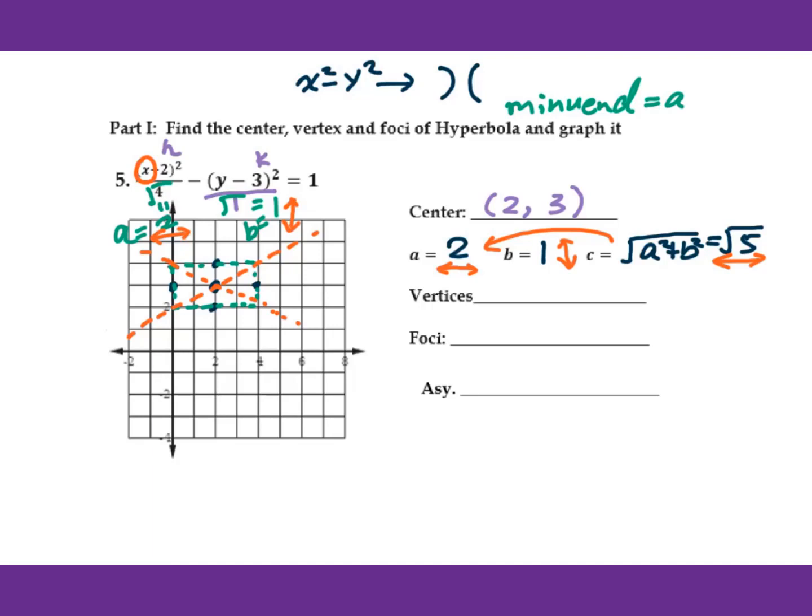Check A. That's a horizontal. That means this graph is a horizontal. Or you can check here, x squared minus y squared, that's horizontal. So we sketch the graph from the vertex.